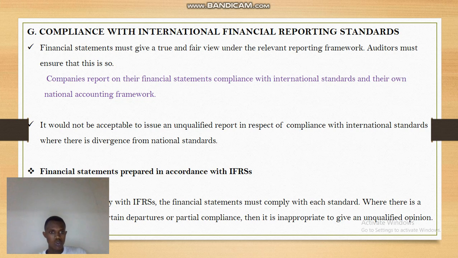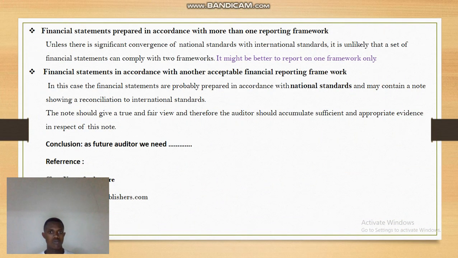Here the company reports on financial statement compliance with the international standard and their own national accounting framework. You check whether the financial statement is prepared by comparing with the international standard and also their own national accounting framework or standard. I don't want to talk more about this. It is understandable. What you need is to try to compare.